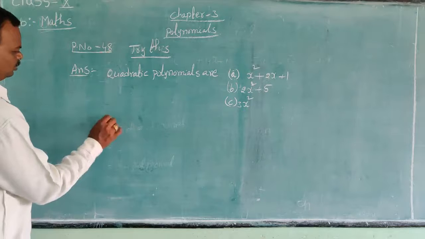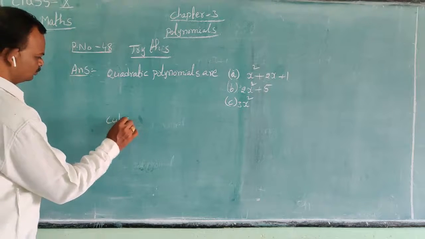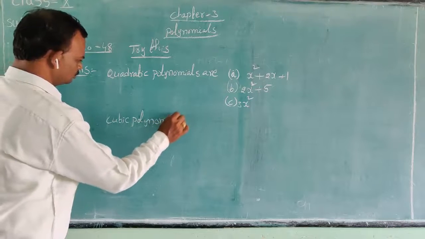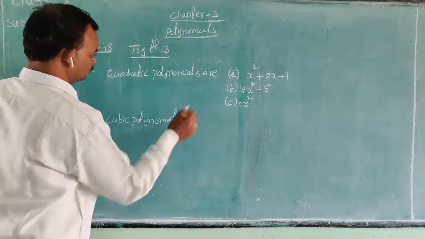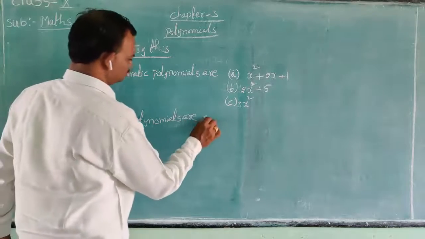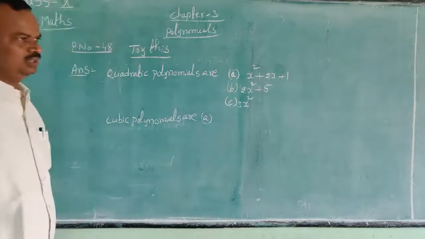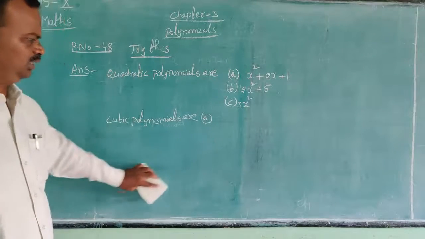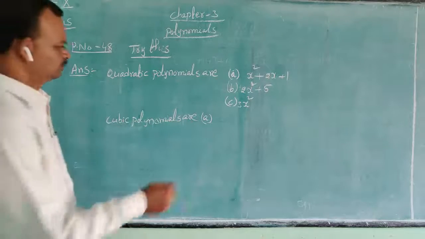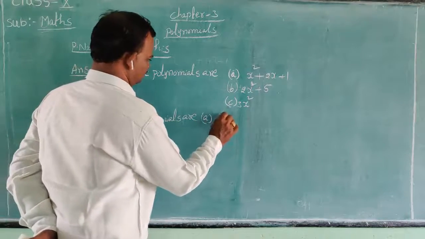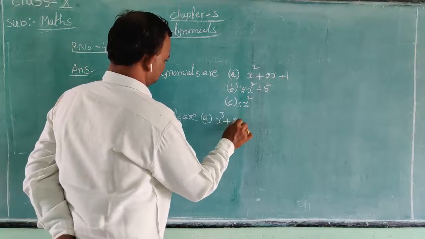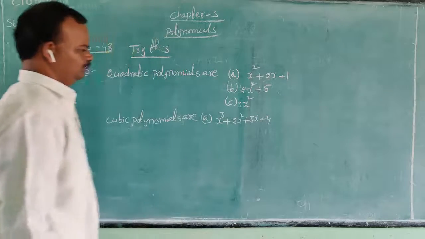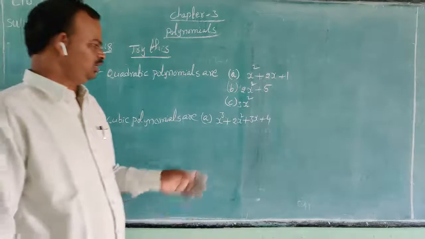And next, the cubic polynomials. Cubic means it has power 3. The first is x cubed plus 2x square plus 3x plus 4. It is a cubic polynomial, power 3.